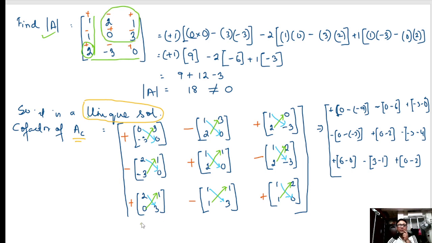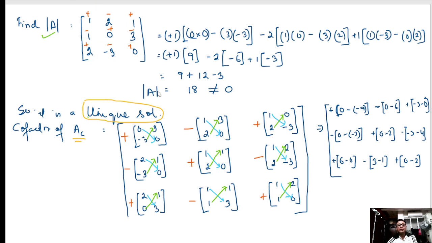So this is I have written here. If you take this position, you cannot take this row and this column. So what is left? 1 1 1 3. Here I have taken. And if you take this position, you cannot take this column and this row. So what is left? Left is this part. 1 2 1 0. Okay.